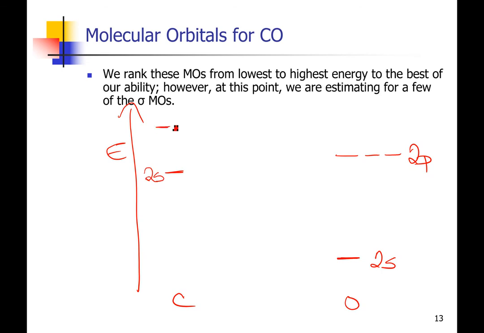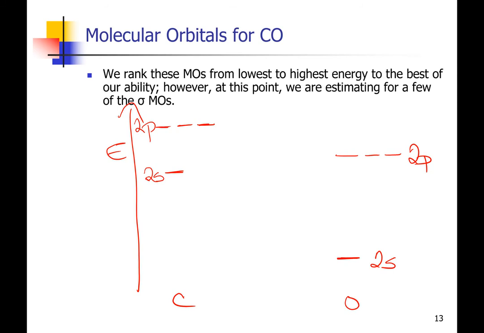The 2p for carbon was above the 2p for oxygen, and you'll notice that the energies for equally named atomic orbitals in different atoms, so for example, the 2p in carbon versus the 2p in oxygen versus the 2p in fluorine, go down left to right across the periodic table, as we saw in that diagram at the beginning when we talked about homonuclears. So as we work left to right across the periodic table, the energies of each type of atomic orbital get lower.